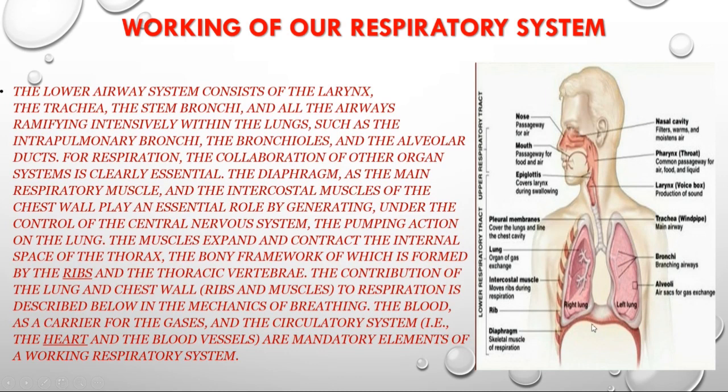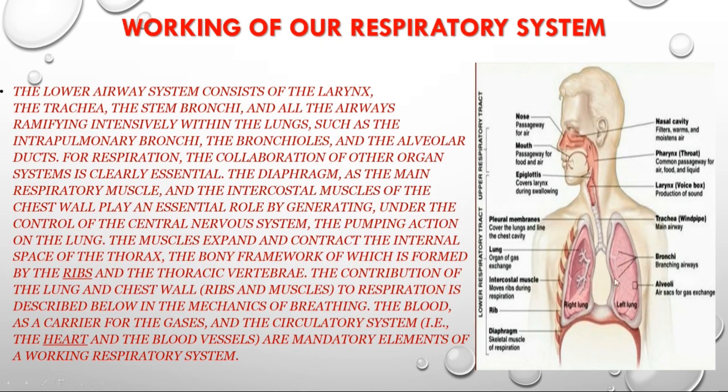Now, how are the lungs covered, and how is the heart covered? They are covered by ribs, which form a cage known as the rib cage. Then there is the diaphragm, a skeletal muscle which gets bigger when oxygen moves inside, and smaller when carbon dioxide moves out through our body.